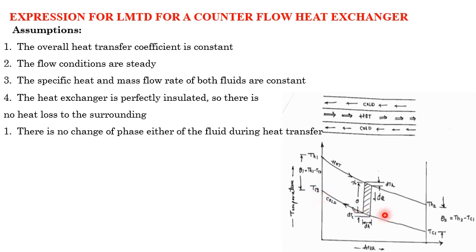Now the hot fluid is giving its heat to the cold fluid, and the cold fluid is gaining heat from inlet to outlet, but it is flowing in the opposite direction.